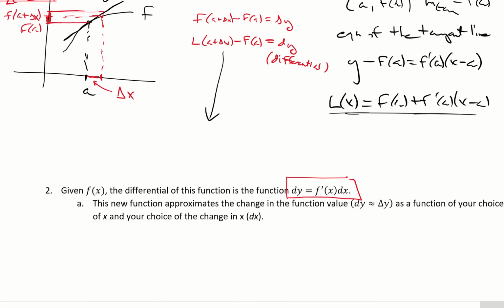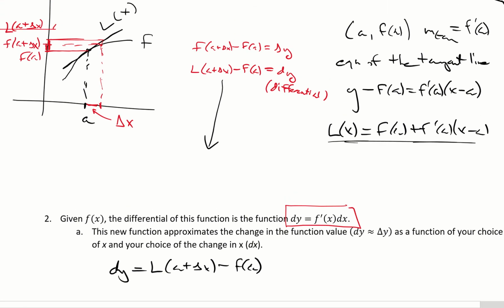Okay? So we're looking for the dy. dy, the way I've got it set up, is L of a plus delta x minus f of a. Well, we know what L of x is, so whatever you plug in there, away you go.